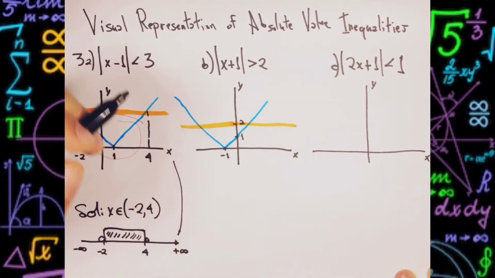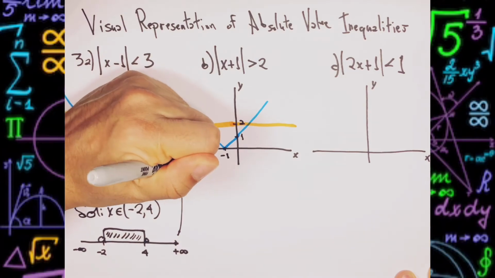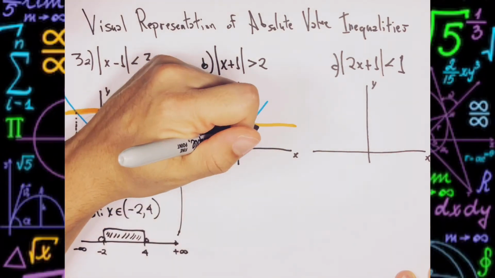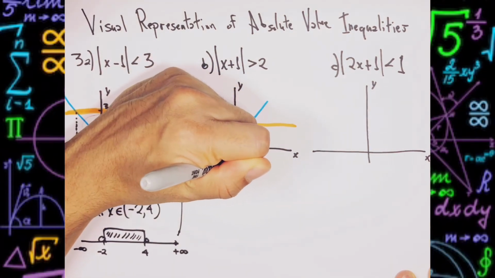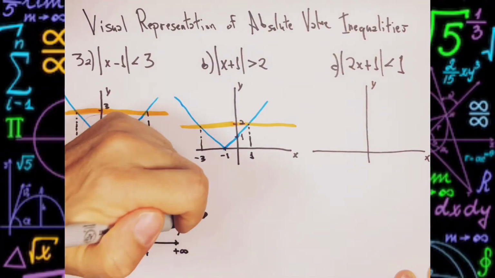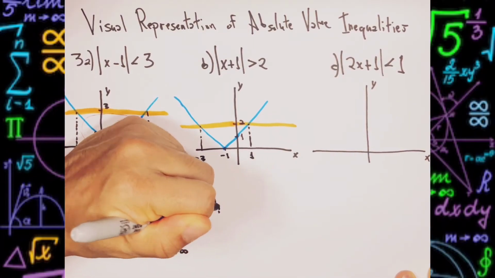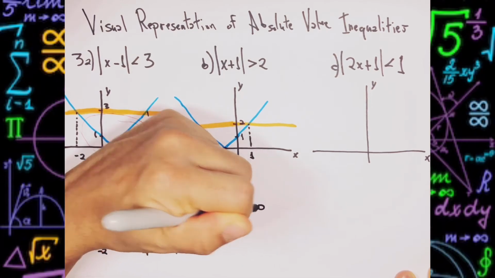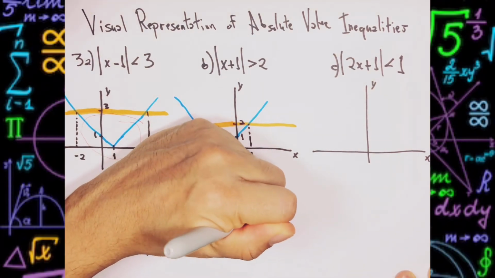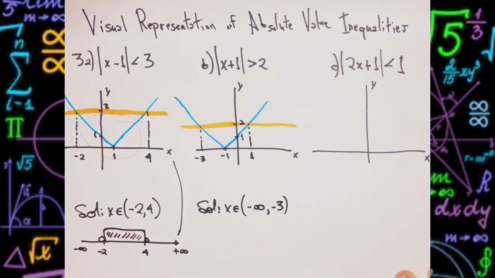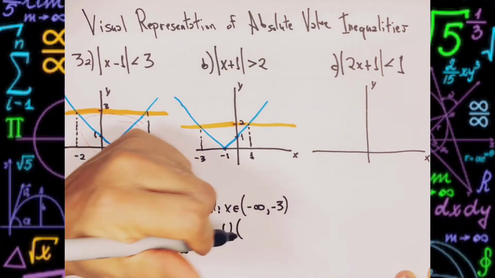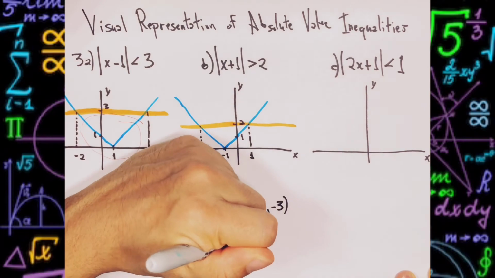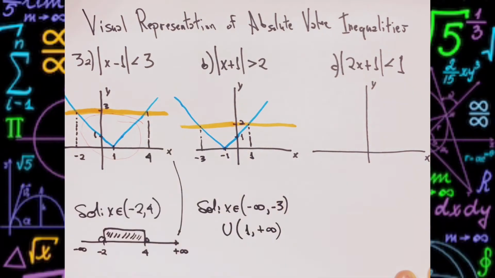In this case, when is the absolute value of x plus 1 greater than 2? And here we are, these two points, which coincidentally are the same exact points that were illustrated in our solution before. What was the solution? Minus infinity to -3, open, union with 1 to positive infinity, open.